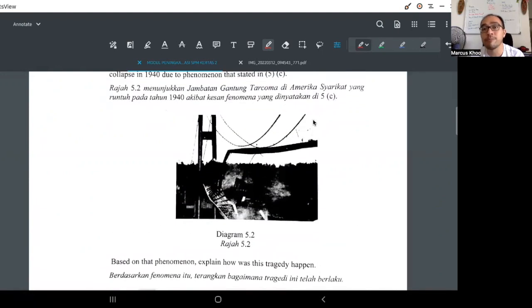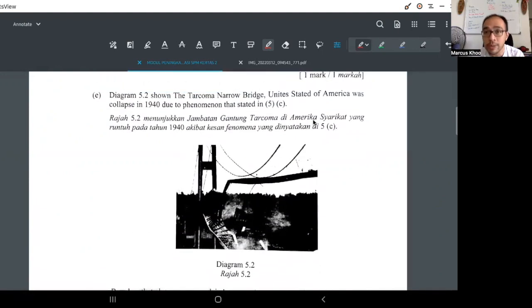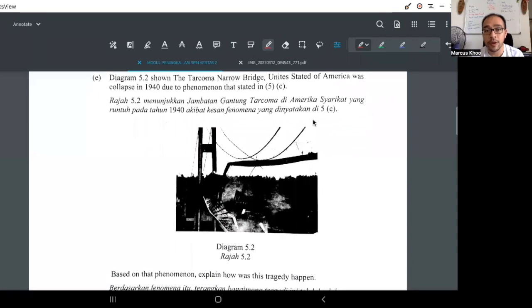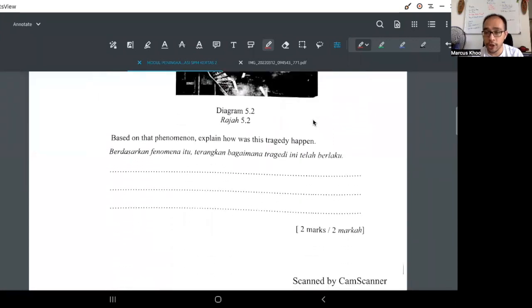There is a slight problem with this question because they should tell you about the wind, then you can use the wind in your answer. But since this is the second time this question has come out, it's good for us to talk about why this happened.